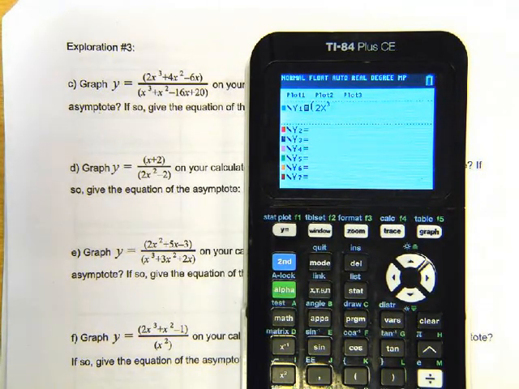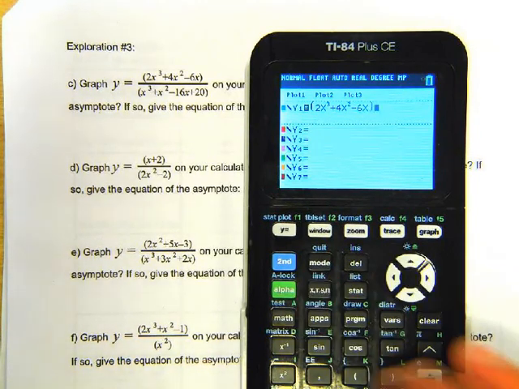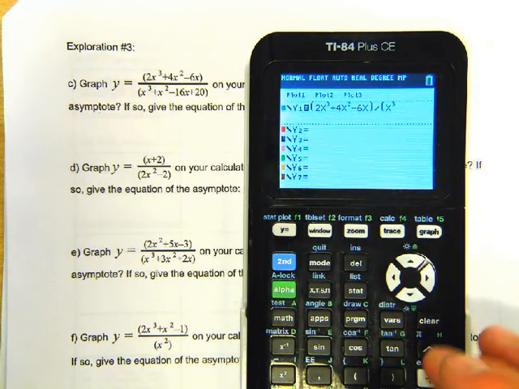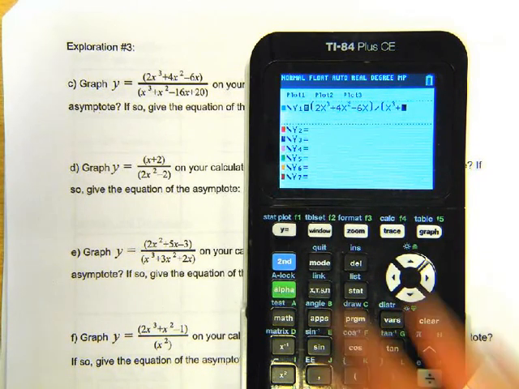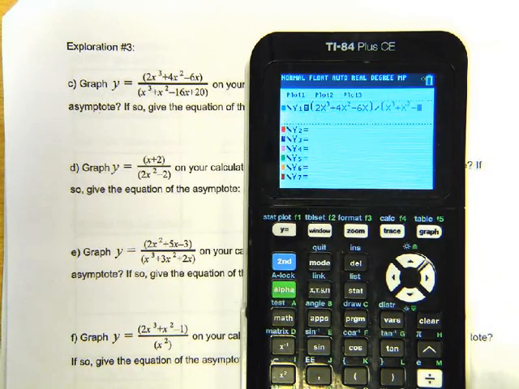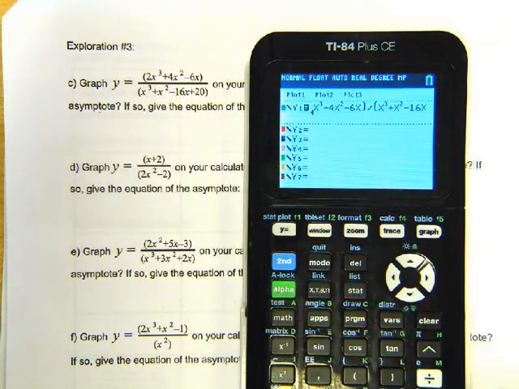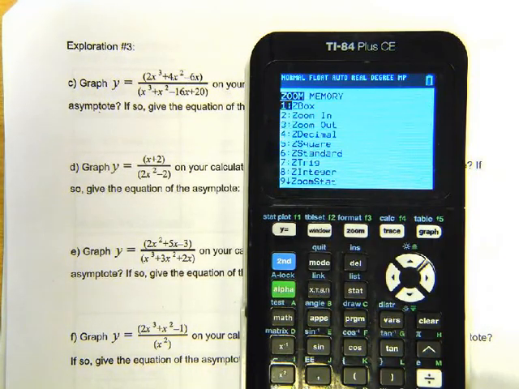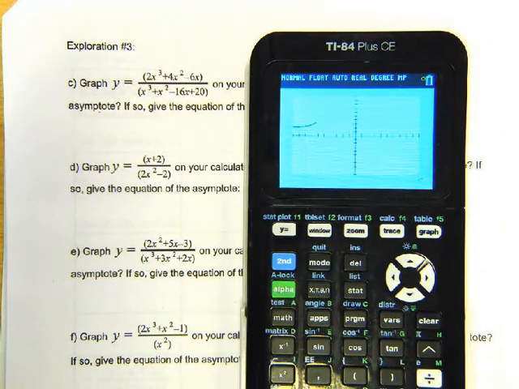Okay, so y equals 2x to the third plus 4x squared minus 6x, divided by x to the third plus x squared minus 16x plus 20, zoom 6.